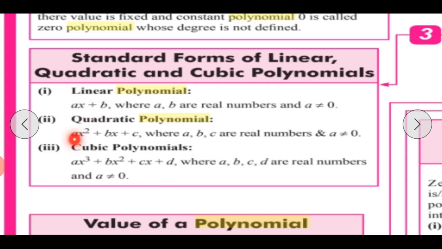Similarly, any polynomial written in the form ax square plus bx plus c, where a, b, c are real numbers and a is not equal to 0, is said to be a quadratic polynomial, and this is called the standard form of a quadratic polynomial.